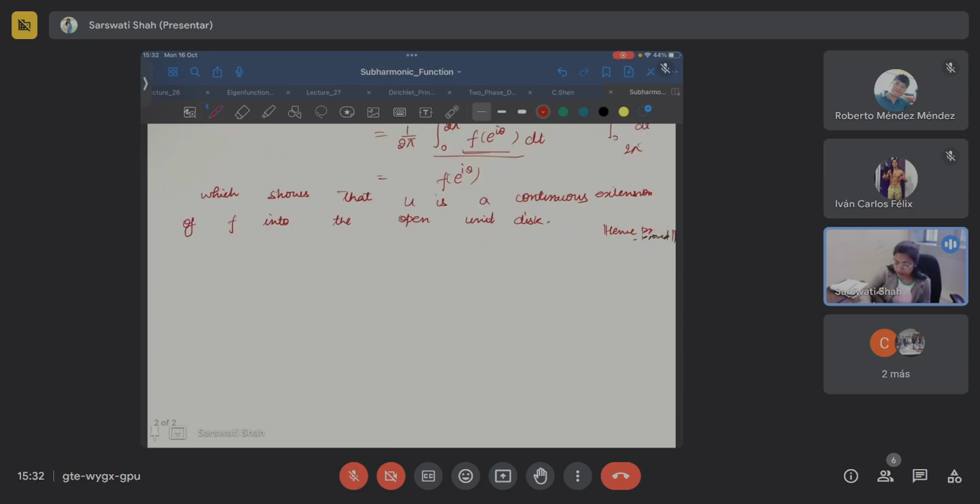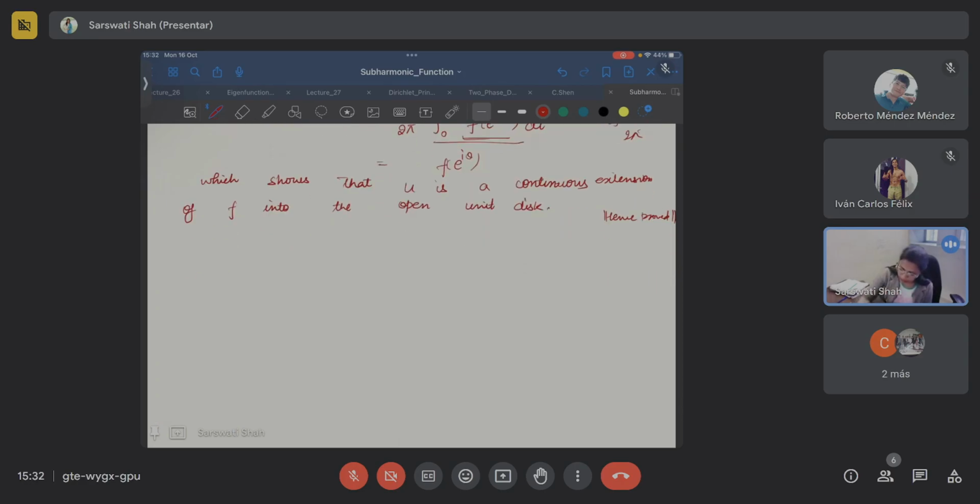Now let's write the various forms of the Poisson kernel.